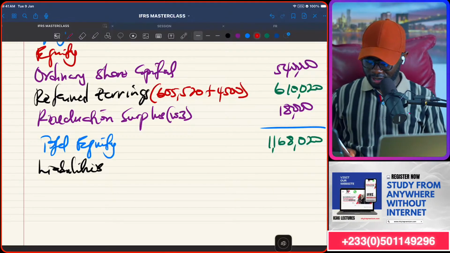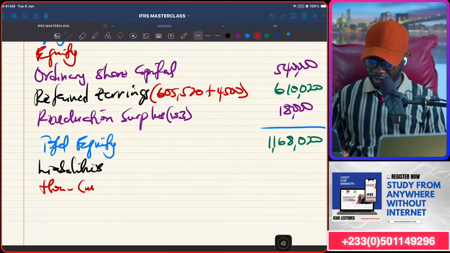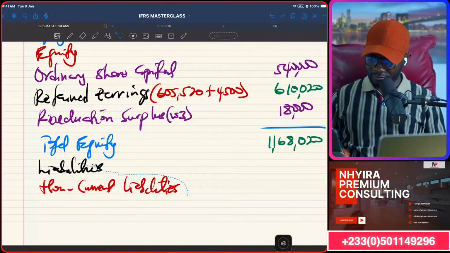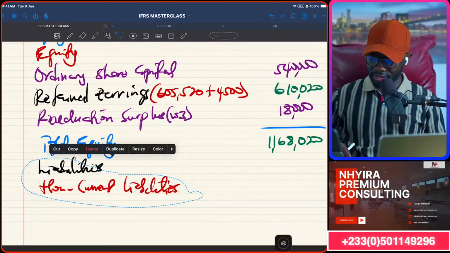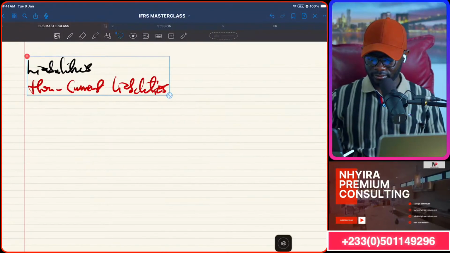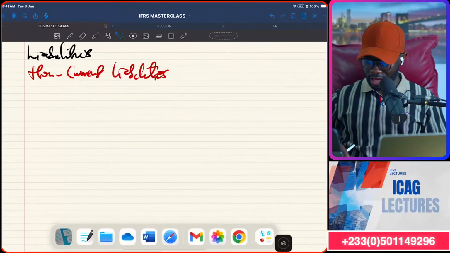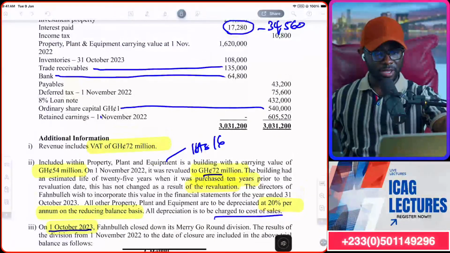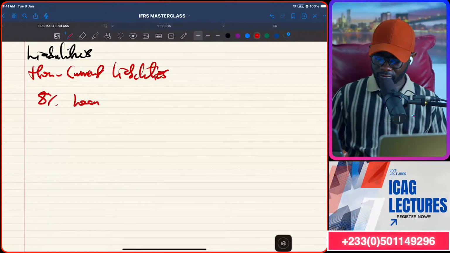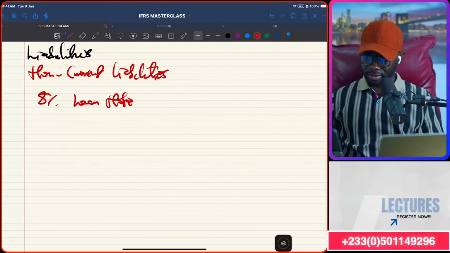Then we bring in the liabilities. Under liabilities, we're going to have non-current liabilities. From the look of things, I would have to continue with my liabilities on the next slide. So under the non-current liabilities, we'll have the 20% loan note, the 8% loan note coming up.